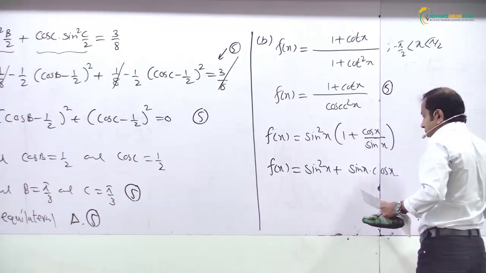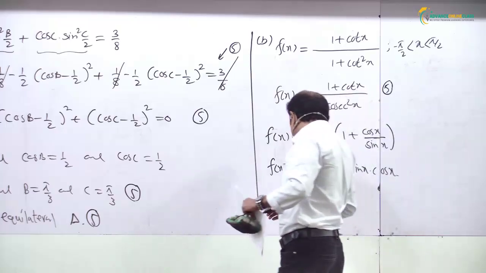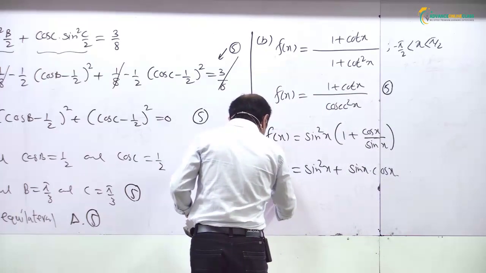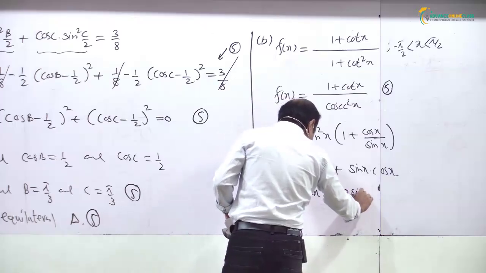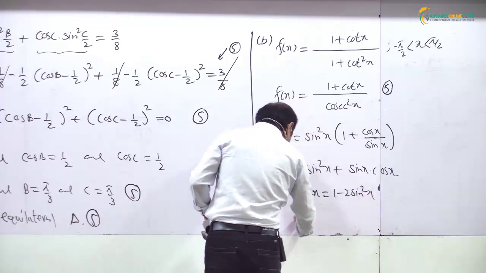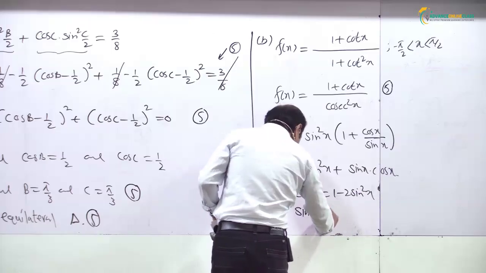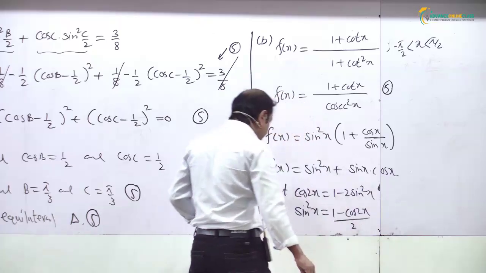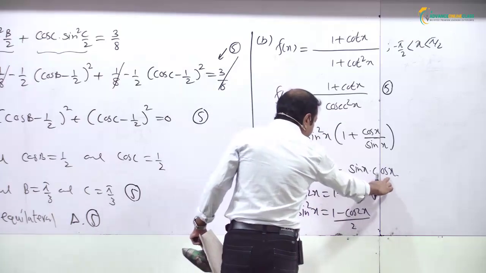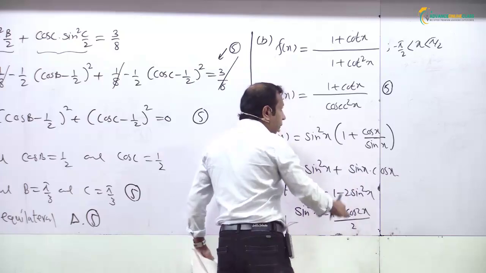Right. But you know, cos 2x we can write like this. Cos 2x is what? 1 minus 2 sine squared x. Bring this to this side: sine squared x equals (1 minus cos 2x) by 2. Now put that here. This sine x cos x, we multiply by 2 and divide by 2.